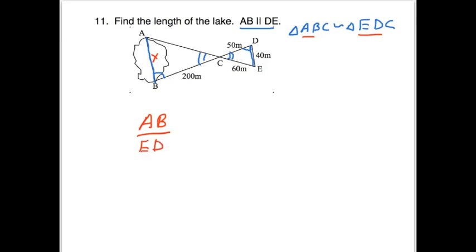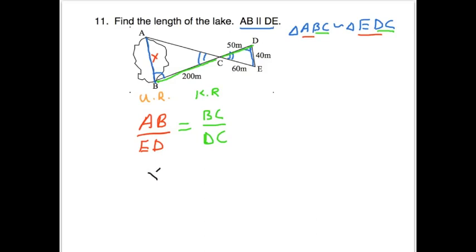There's our unknown ratio. And now we're looking for a known ratio. I see 20 refers to length BC, and that would correspond with length DC, so 50. So for the known ratio, we'll use the length BC, which corresponds with DC. So let's substitute the values of those lengths.